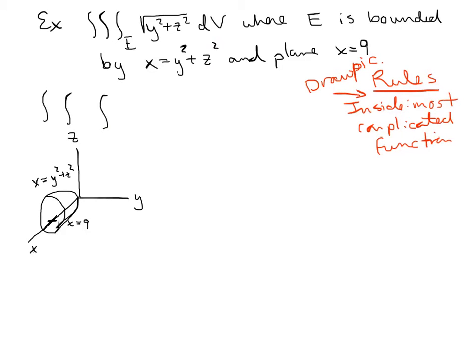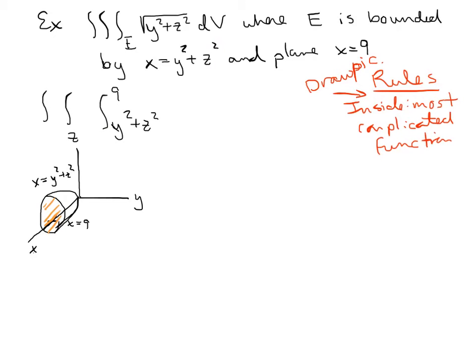All right, now looking at this, the biggest value of x, the most x value, is that x equals 9. That's the biggest one. The smallest one, as we go back towards the yz plane, we're eventually going to run into that paraboloid. It's the smallest, so y squared plus z squared.